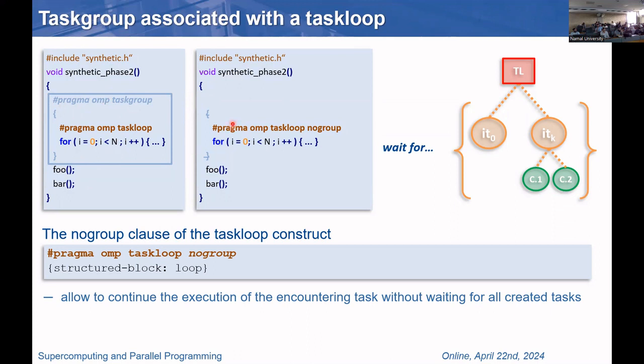You can also use the nogroup clause in such a way that the tasks will not be waited on at the end. So in this case, foo and bar will be able to execute with the tasks coming out of the taskloop. It will allow the encountering task to continue execution without waiting for all the created tasks.